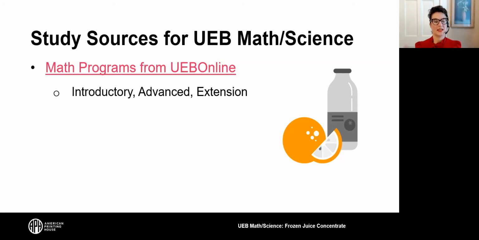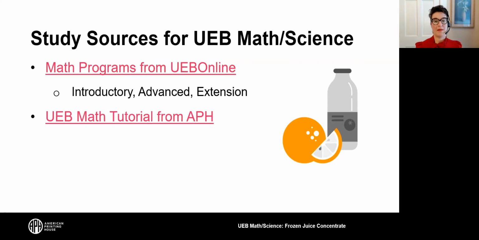One where you 6-key enter Braille that corresponds to print, or another where you enter print, which corresponds to the Braille that's shown on the page. It's free to engage with these fully online study resources at uebonline.org. The UEB math tutorial from APH is also free and entirely online.